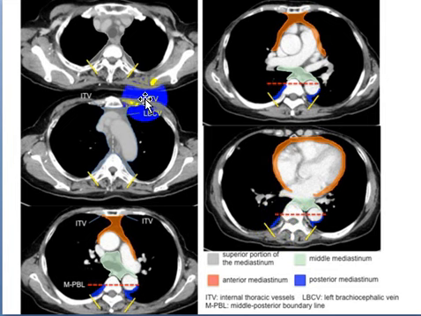Here we see the mediastinal compartment classification according to the Japanese Association for Research on the Thymus, and they include three compartments: anterior, middle, and posterior mediastinum. And here this is the anterior mediastinum in the gray color.